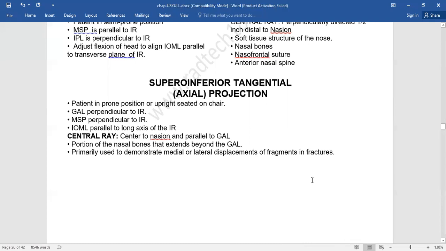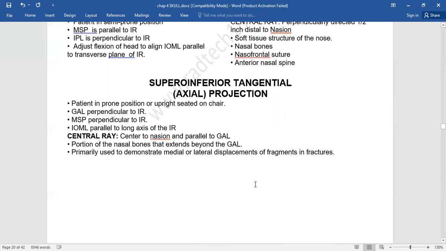Another one is the superior inferior tangential projection. So patient in prone or upright, seated on chair, the glabello-alveolar line perpendicular to IR, MSP also perpendicular to IR, and the IOML is parallel to the IR. So central ray, so center lang sa nasion, and parallel to glabello-alveolar line.